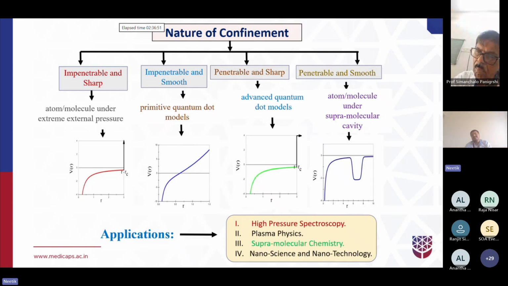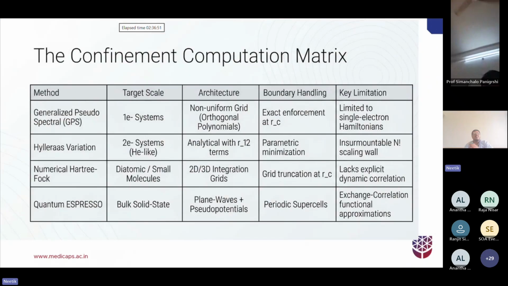When we move to penetrable sharp, tunneling may occur at the boundary, but the potential is not continuous. It's fixed after a certain particular point. However, when we move to penetrable and smooth cases, both change simultaneously, meaning the potential is continuous and it is changing with increasing length.